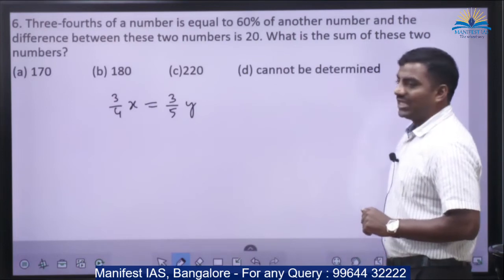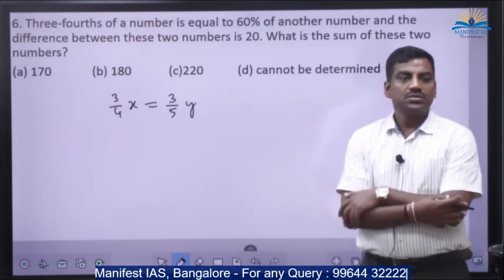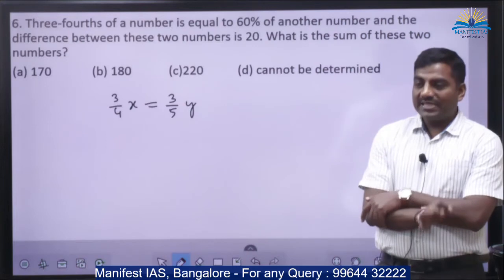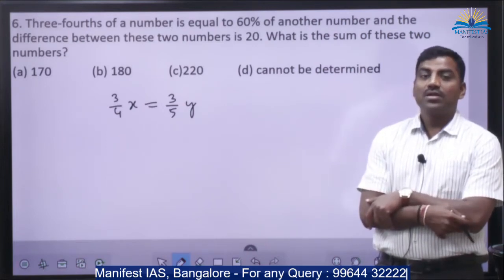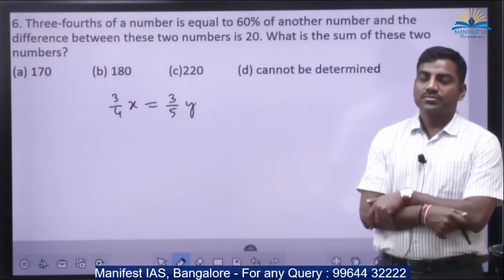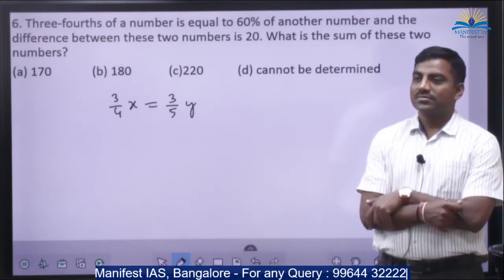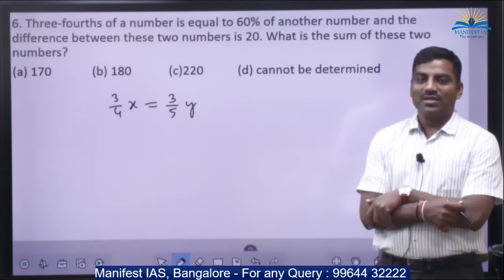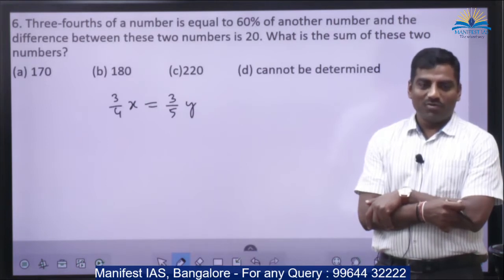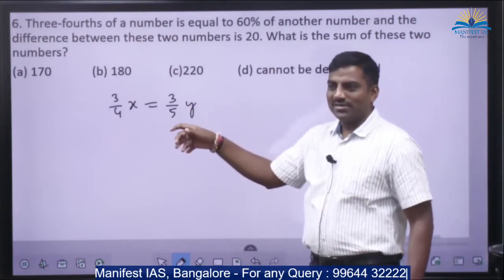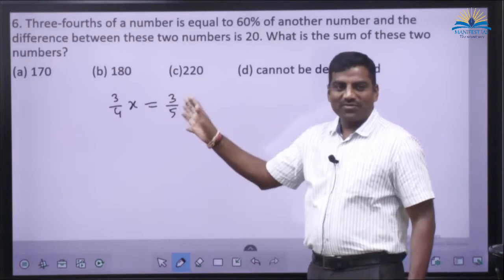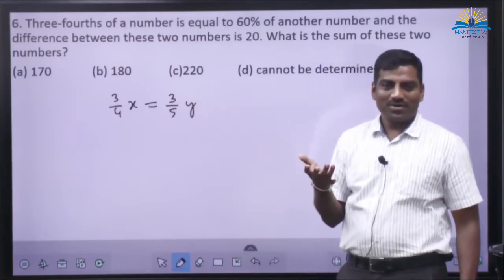And the difference between these two, which two? x and y, or 3 by 4x and 3 by 5y. Already they are given, they are equal. If you subtract one from the other, it will be 0, no? They have told this and this are equal.